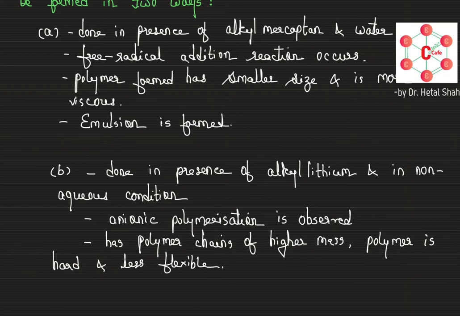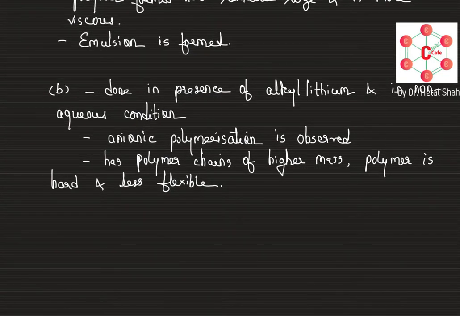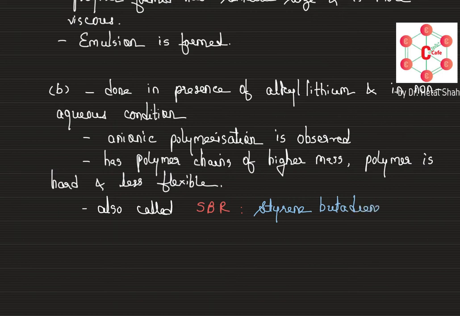So it is hard and less flexible, right? This is also called SBR, which is nothing but styrene butadiene rubber. So basically this is more like a rubber, and generally the ratio of butadiene and styrene is 1:3. That's the molar ratio which is generally observed.